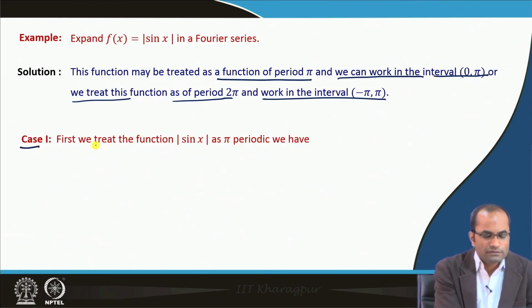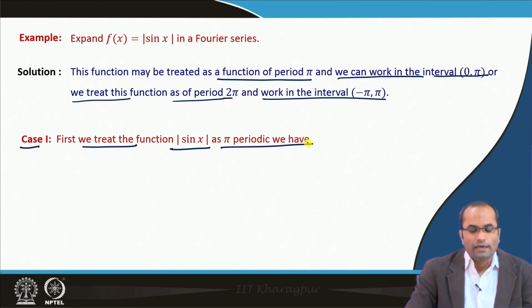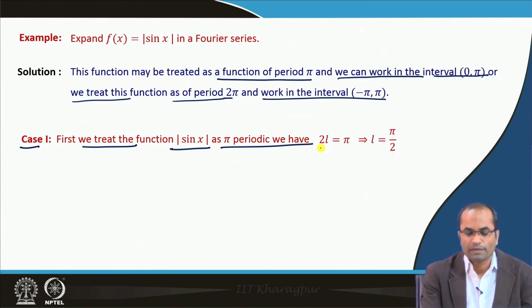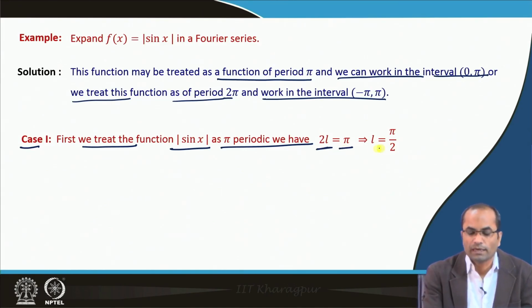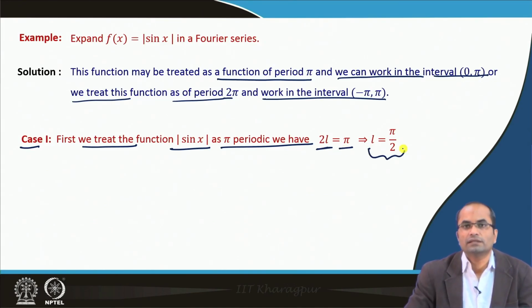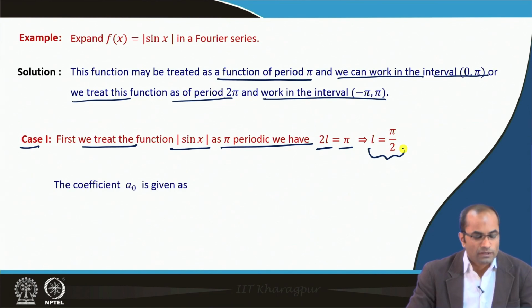So, in the first case, we will treat this function sin x as pi periodic. For pi periodic, that is a general period, it is not the standard minus pi to pi we take. That means 2L is pi, and then we have L as pi by 2. So, we are going to use a general version of this Fourier series now.